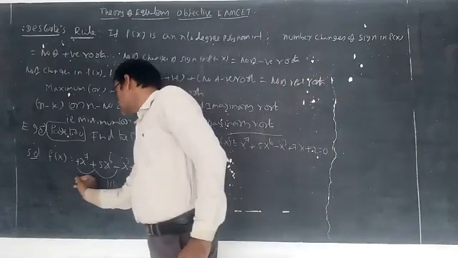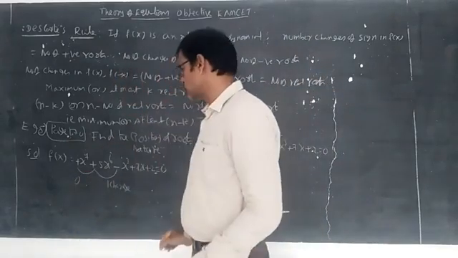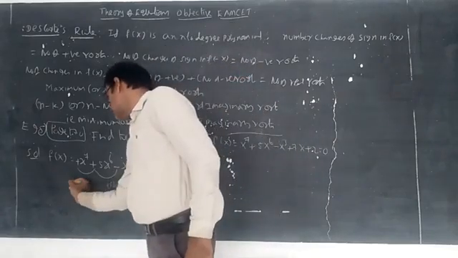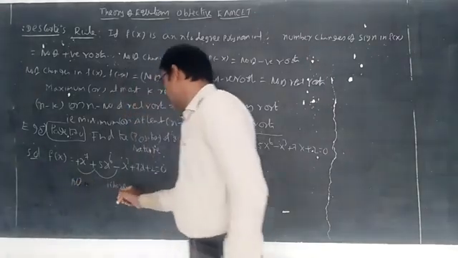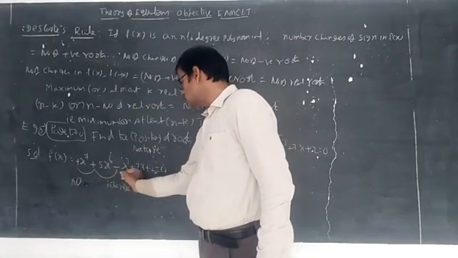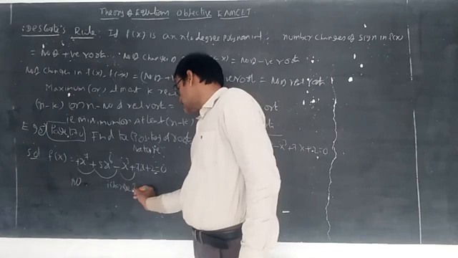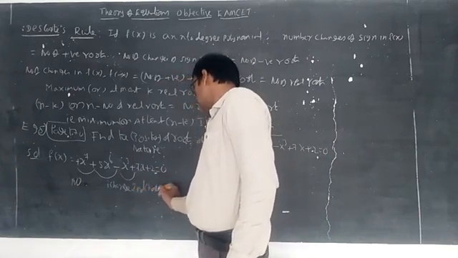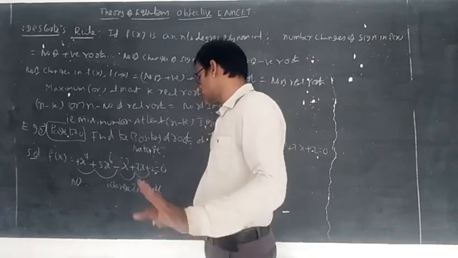Here 0 change means no change, not 0 root. Now minus is becoming plus, so second change. Plus is becoming plus, no change.